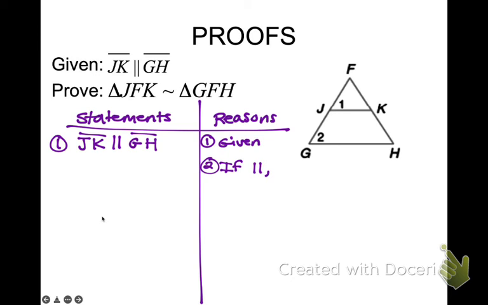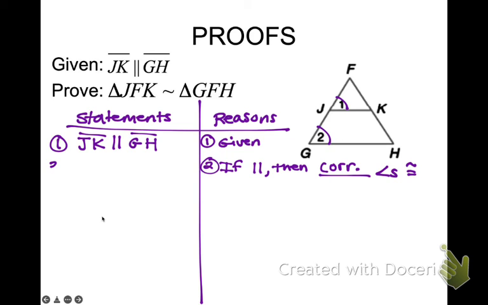Something. If parallel, then some type of angles will be congruent. In this case, corresponding angles will be congruent. Right, with angle 1 and angle 2.